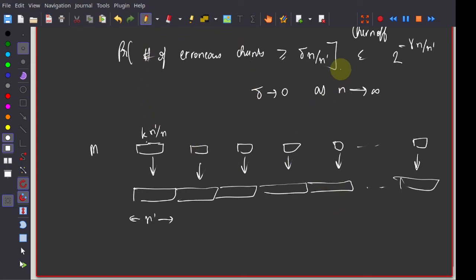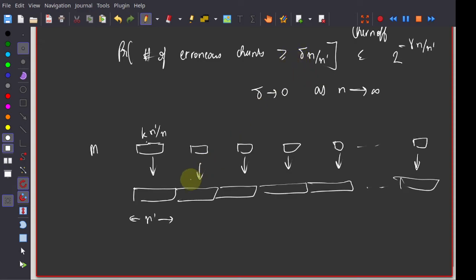Now, if there were some way to correct these errors, then I would ensure that all of the chunks could be decoded error-free, as long as this code does not make more than these many errors. For example, suppose that I used a minimum distance decoder, a good error correcting code with minimum distance at least twice this particular amount.